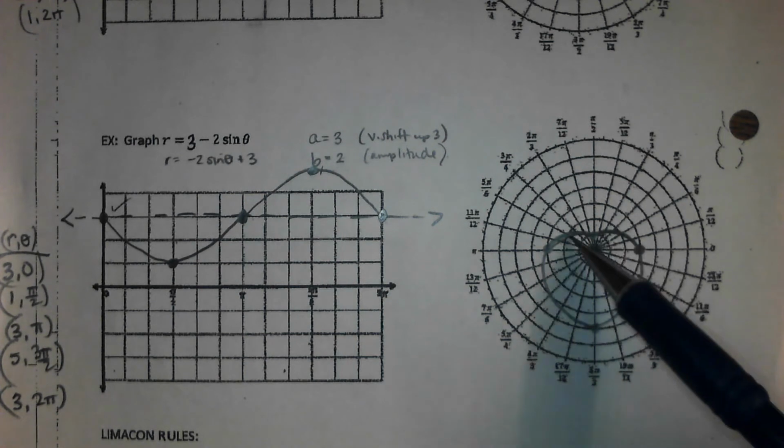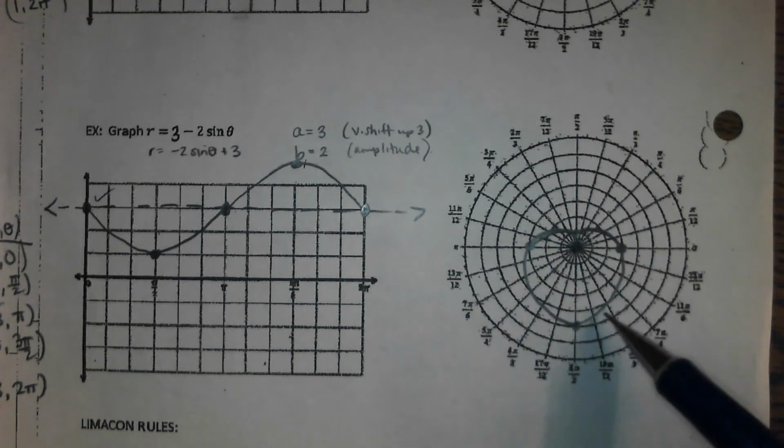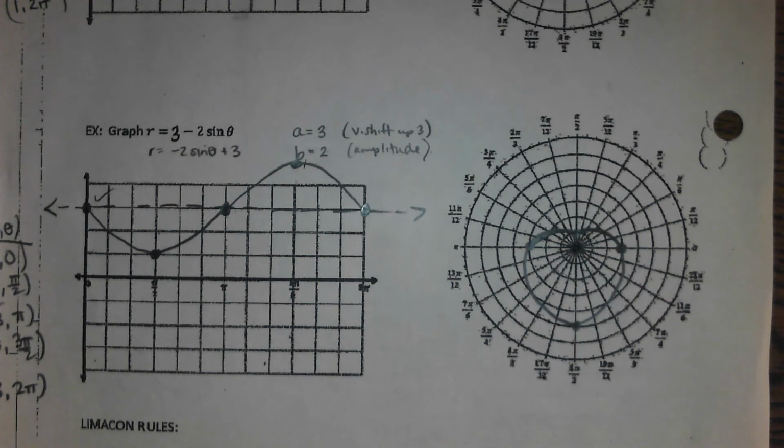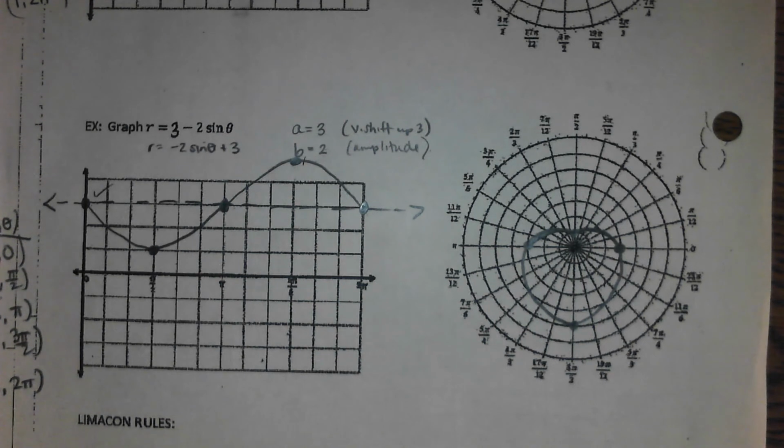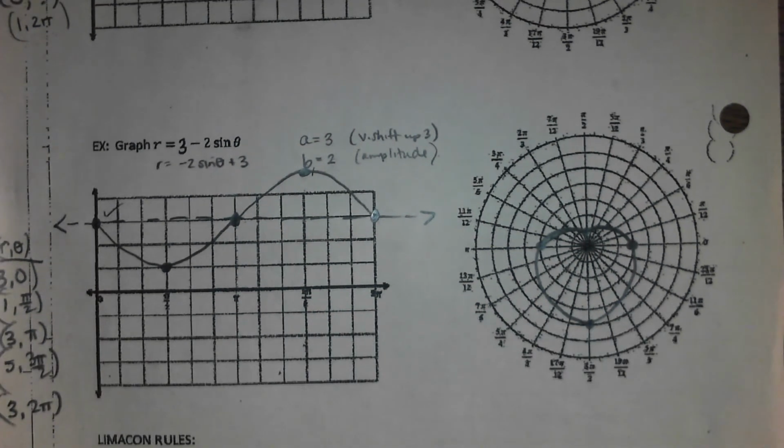On that side, we only go out like a radius of 1, but then it really increases to a radius of 5 down on the other side. Does that make sense?